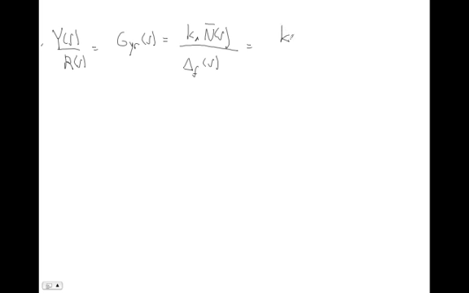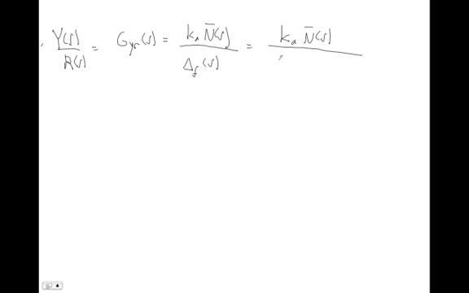Similar techniques to what we've just developed above can be used to calculate a transfer function that maps how y relates to our step r. If we call that transfer function G_yr of s, what we get is a transfer function with the same denominator, the same characteristic equation of our system, and in the numerator we'd have ka n bar of s.